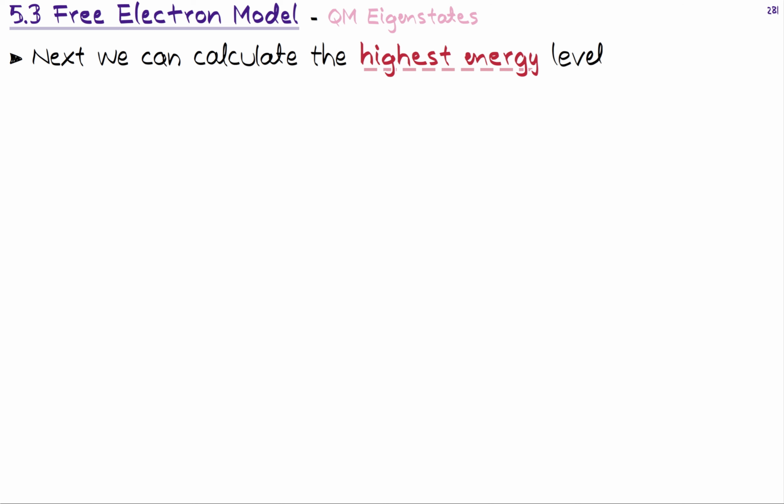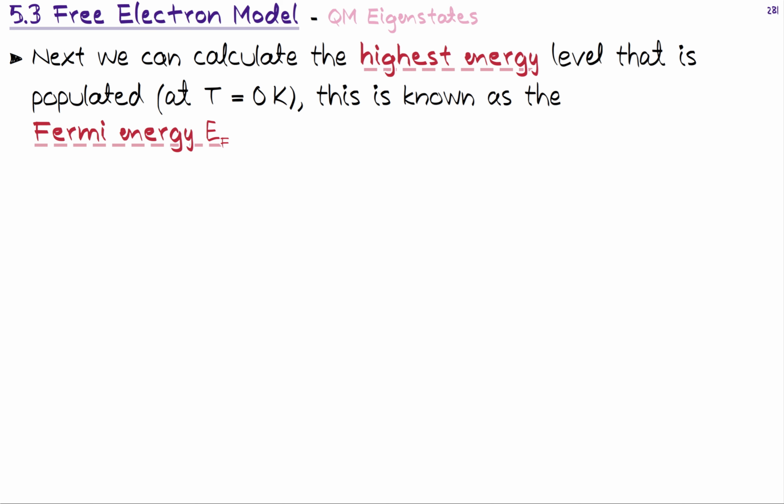So we can now use this and calculate the highest energy level that is being populated by electrons when we are at 0 Kelvin temperature. And maybe you already remember, but this level of highest energy is known as the Fermi energy, EF.